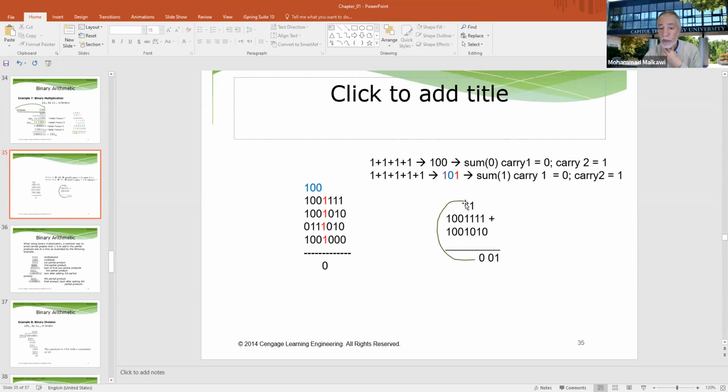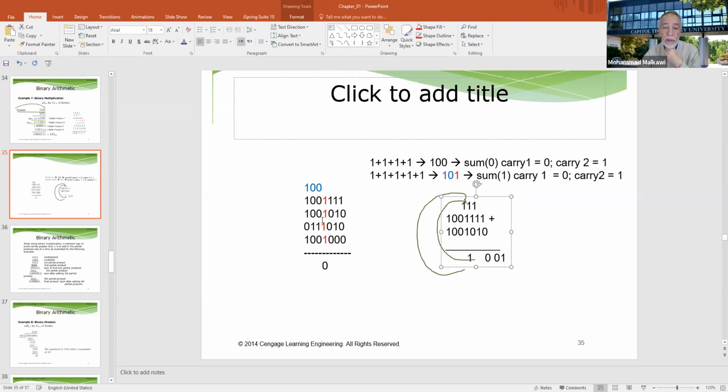So 1 plus 1 plus 1 is a 1. So there is a 1 here. And there is a carry right here. So I only have 1 carry into the next stage. I don't have 2 carries, not like here.